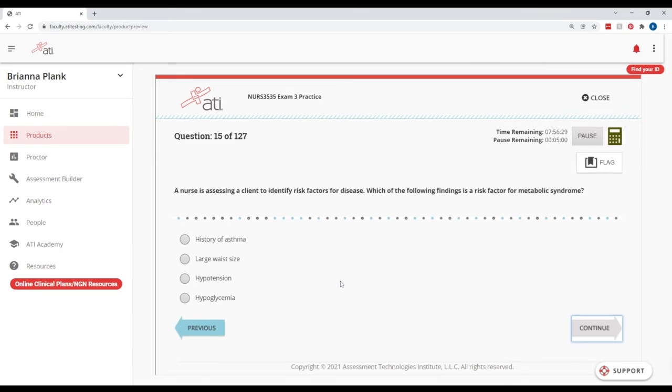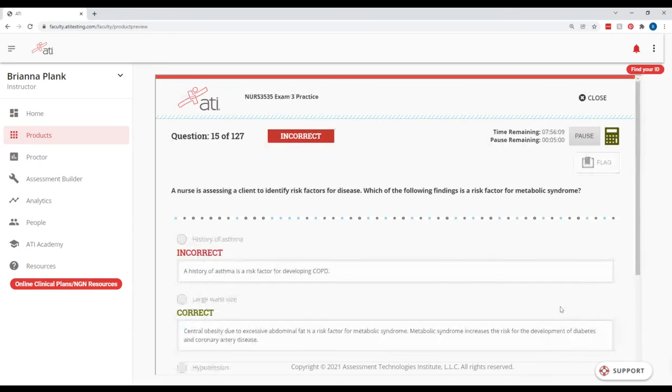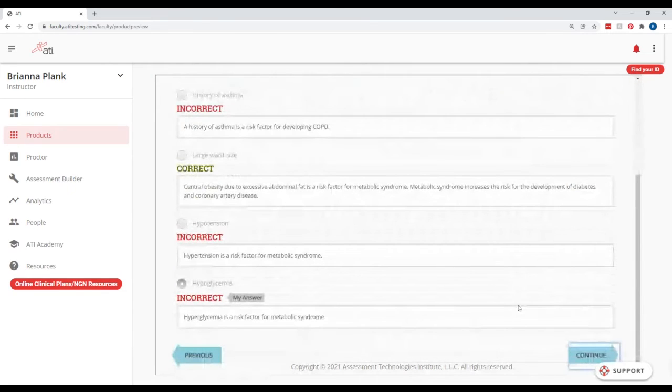Okay, what is a risk factor for metabolic syndrome? Vote for B, vote for D. I'm gonna vote for D. Oh, B was right. That makes sense.